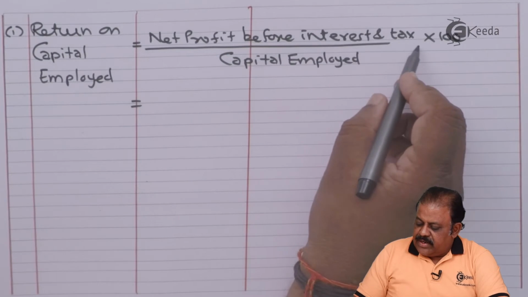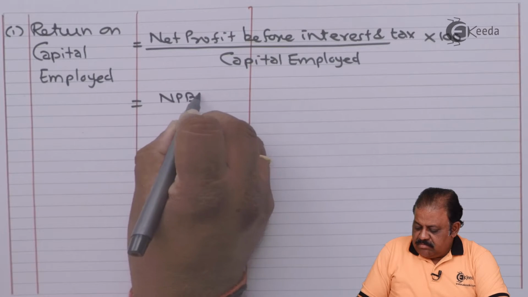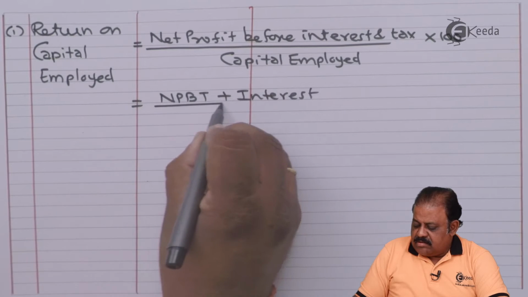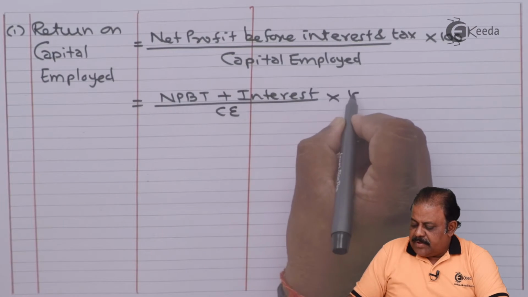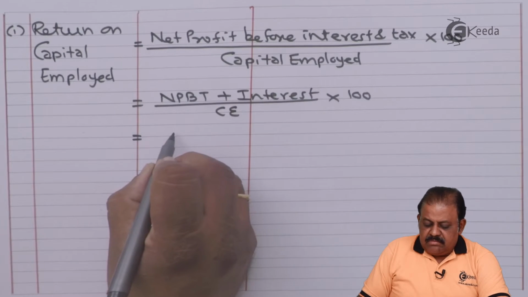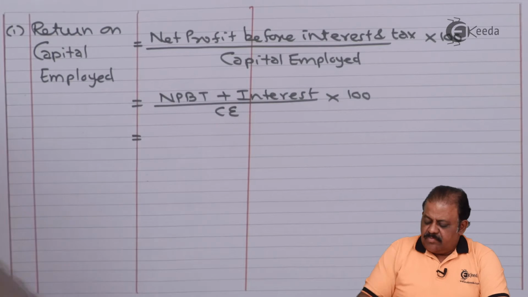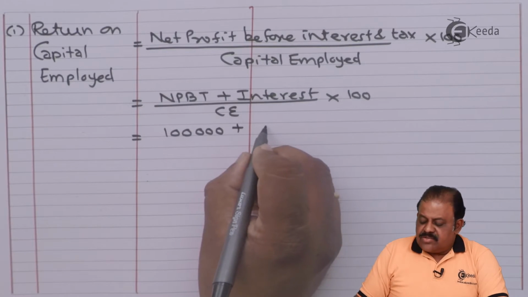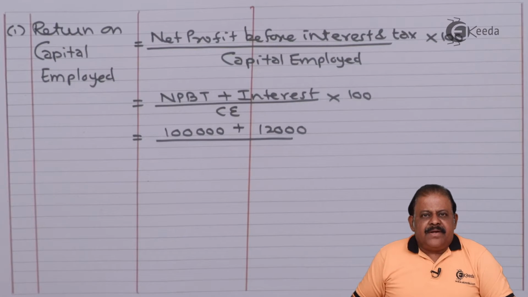Return on capital employed is net profit before interest and tax, that is net profit before tax plus interest, divided by capital employed multiplied by 100. Net profit before tax 1 lakh plus interest 12,000, divided by capital employed.